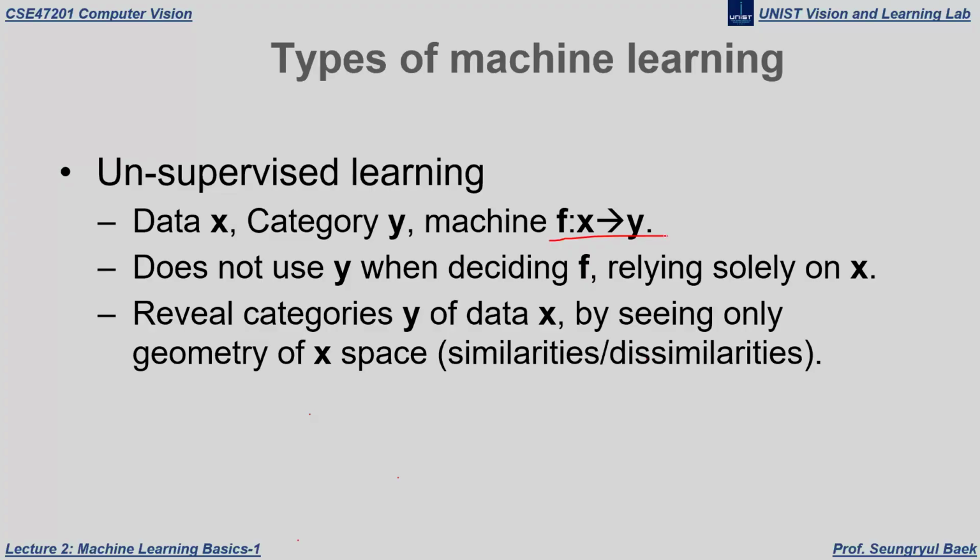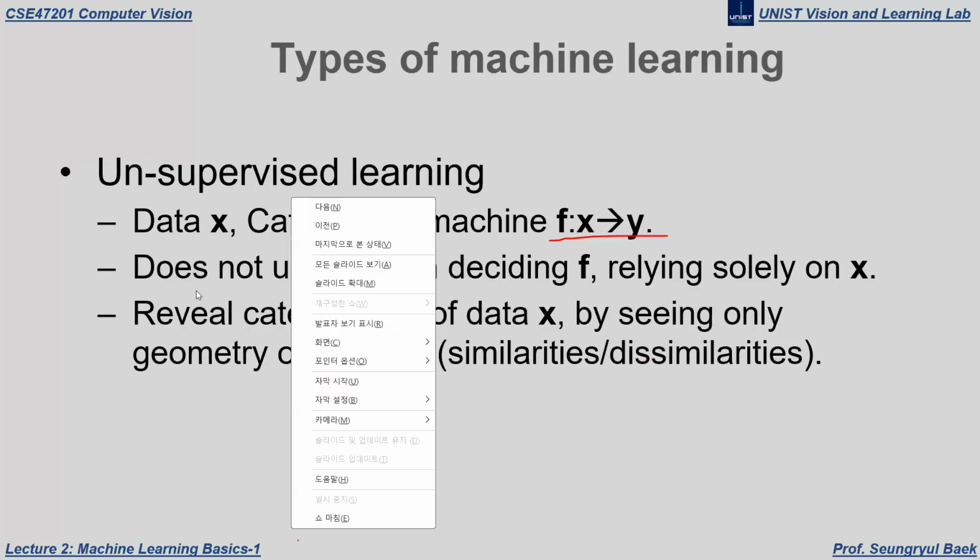Now for the function f in unsupervised learning, you will still find some output y from the function f, but this is only for the testing phase. The objective of the testing phase is to find some output for a given input x. But during the training, when deciding the function f, you will not use any ground truth information y.